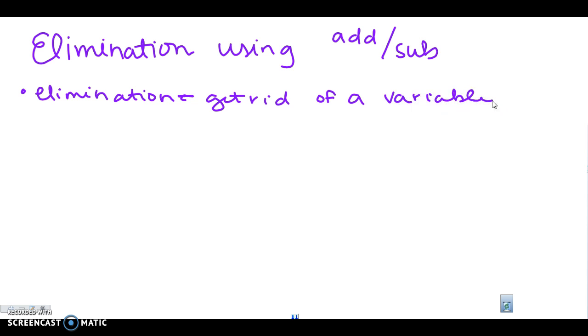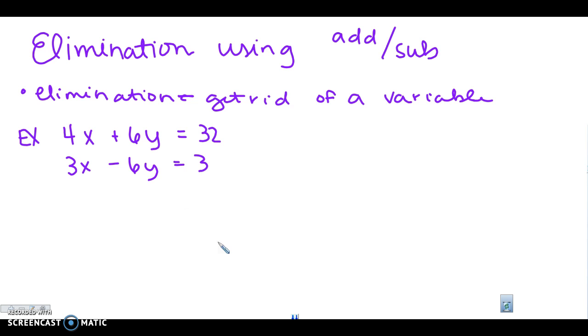It just depends on what is easiest. Elimination works best if I have two equations that are both in standard form already. So we'll start with 4x plus 6y equals 32 and 3x minus 6y equals 3.